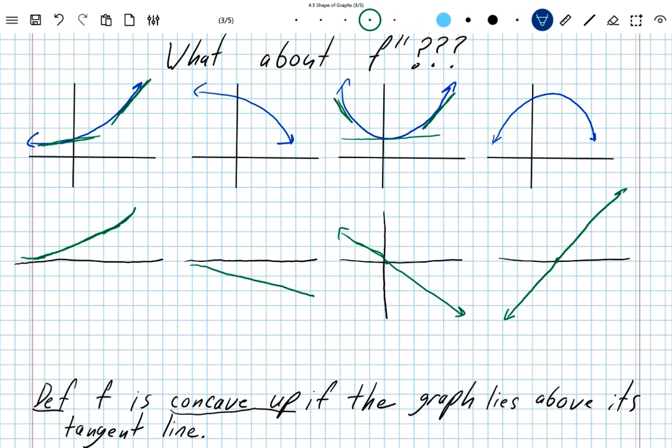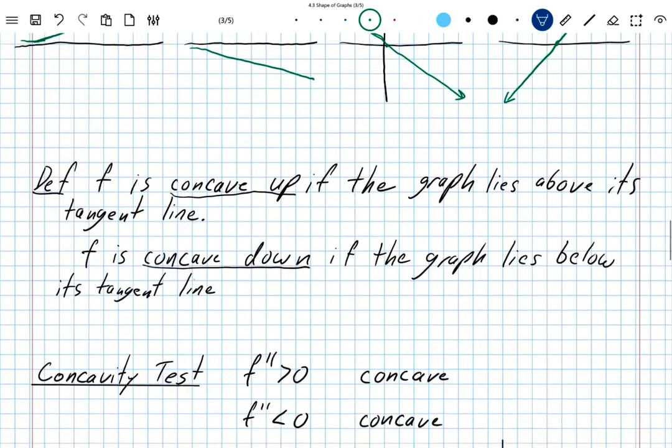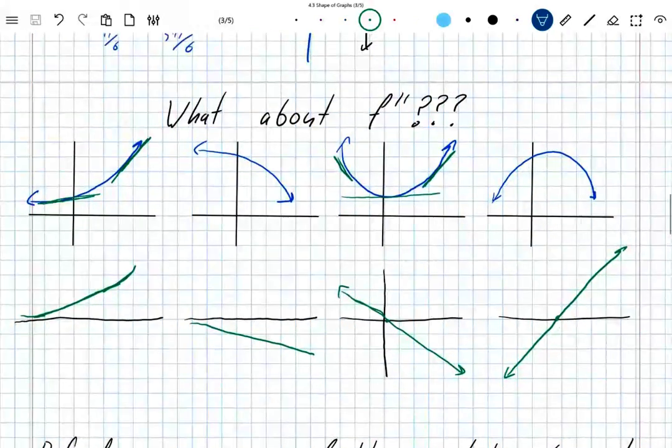That's telling you that the first derivative is increasing. F is concave down if the graph lies below its tangent line. And so this fourth one is a nice example of that as well. The graph is always below its tangent line. It's sort of curving away from it. That means that the first derivative must be decreasing.